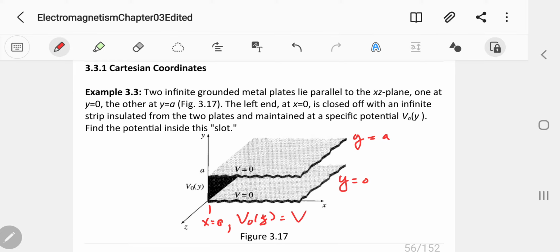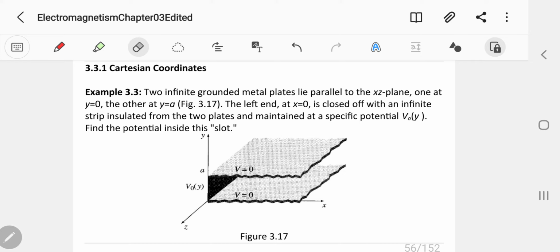So there are many boundaries here. There is a boundary that extends to infinity with respect to the z axis, and there's also a boundary below, which extends along the z axis, on both sides, negative and positive.